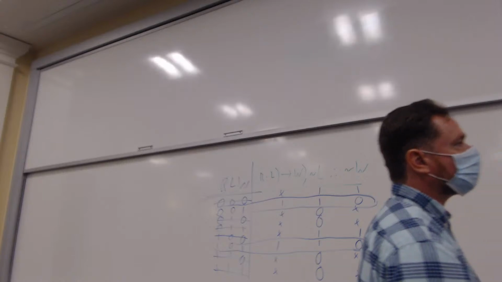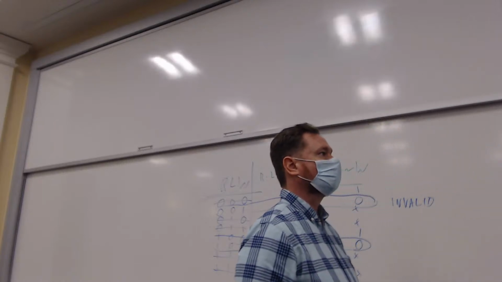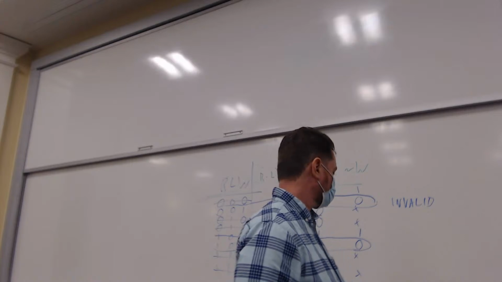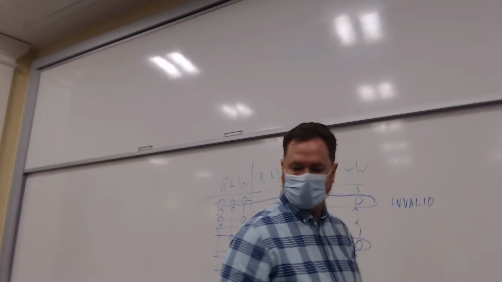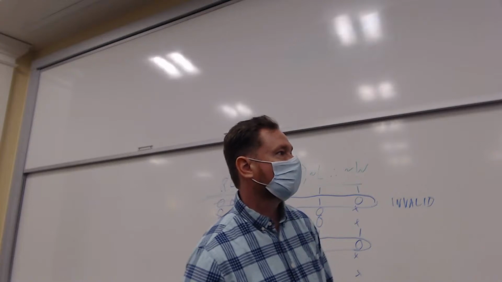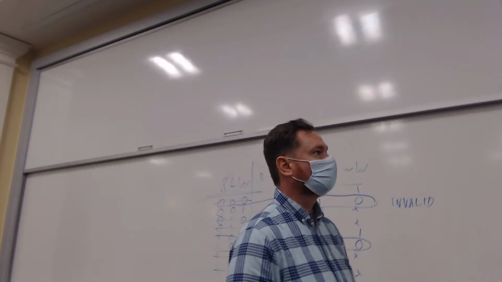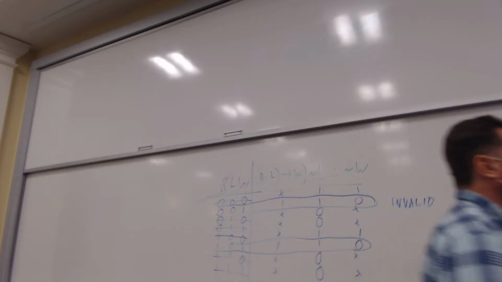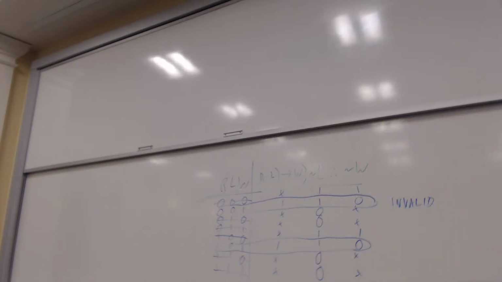Plug in those values for T. Good, so we've got valuations 1 and 2, we have false Ts, and 5 and 6. So good, we're halfway done already.